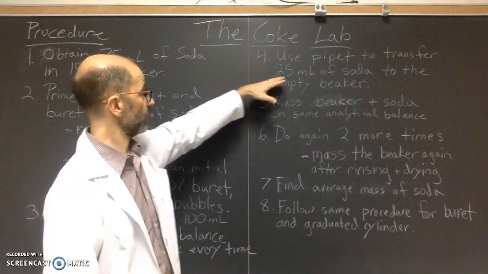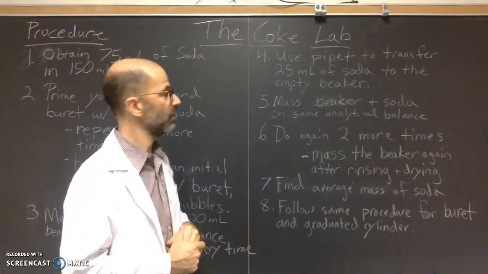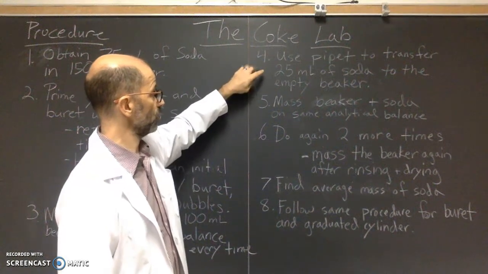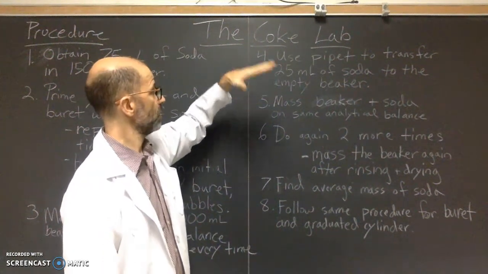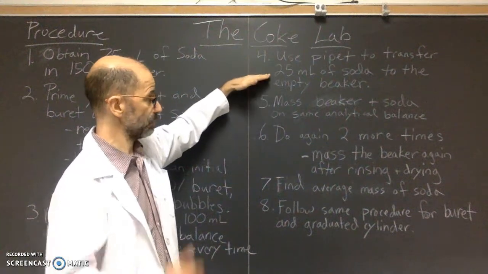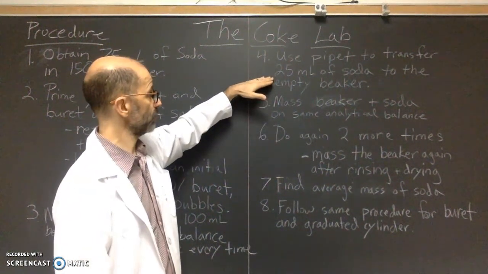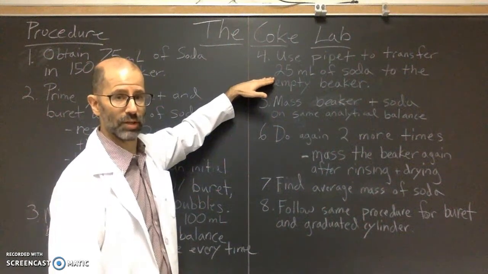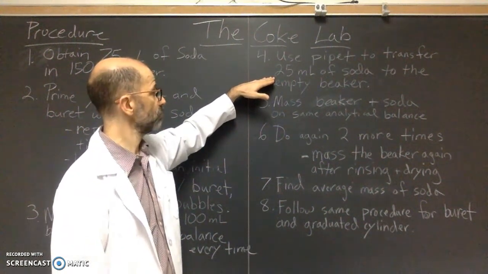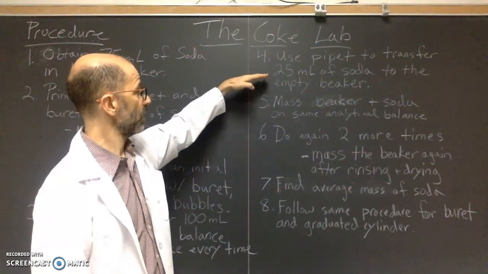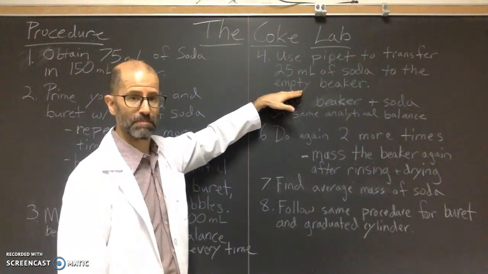So let's start with the pipette. So you now have the empty beaker. You're going to take your pipette, it's primed, it's ready to go. You're going to use your pipette to get 25 milliliters of your soda that you're grabbing from the 150 milliliter beaker that it's in. Okay? You're going to then transfer that to your empty beaker.